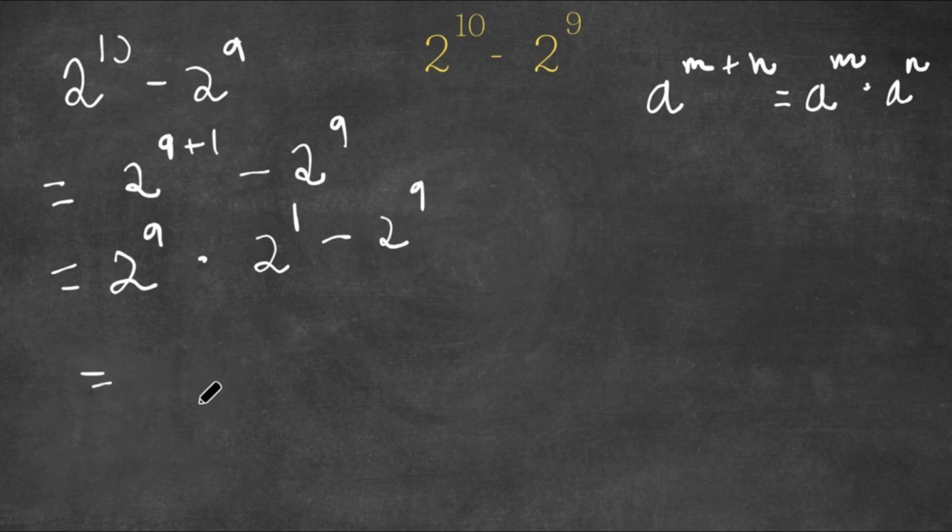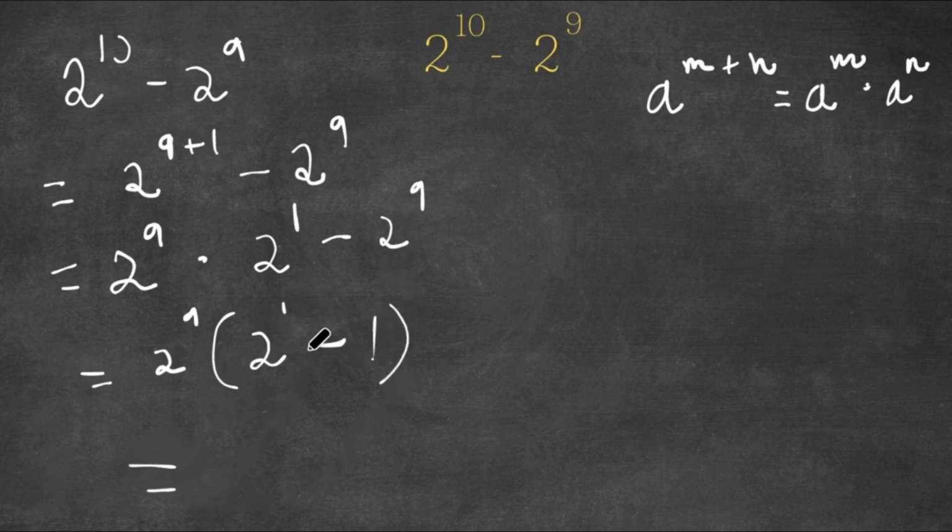Now I'm going to factor out 2 to the power of 9. If I factor out 2 to the power of 9, I get 2 to the power of 9 times, now 2 to the power of 9 divided by 2 to the power of 9 is 1, and then I have 2 to the power of 9 times 2 to the power of 1 divided by 2 to the power of 9 is simply 2 to the power of 1, minus 2 to the power of 9 divided by 2 to the power of 9 is 1.